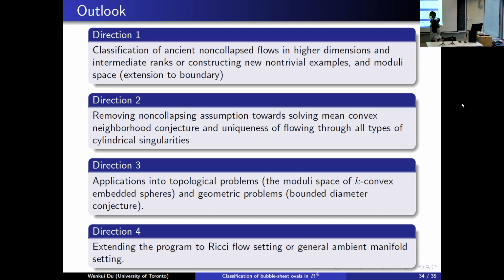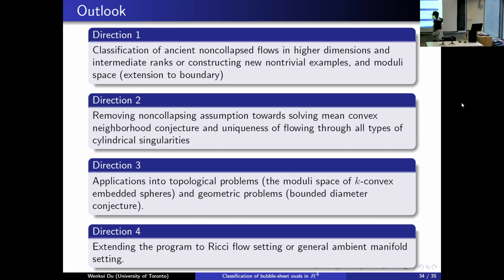The other thing is that to prove the mean convex neighborhood conjecture, we cannot assume that convexity is expected to be the conclusion. So if we remove the non-collapsing condition, how do we go through step 3 and step 4? And use it to prove the uniqueness of flow through cylindrical singularities.